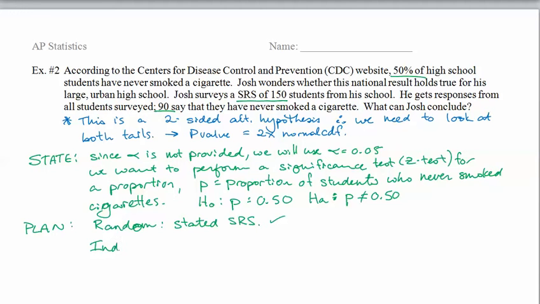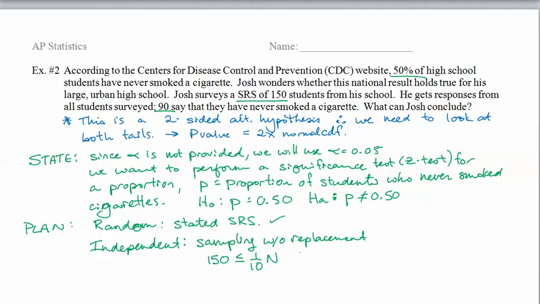Independent, this is sampling without replacement. And so we need to check that our n, which is 150, is less than or equal to 1/10 of our population value.